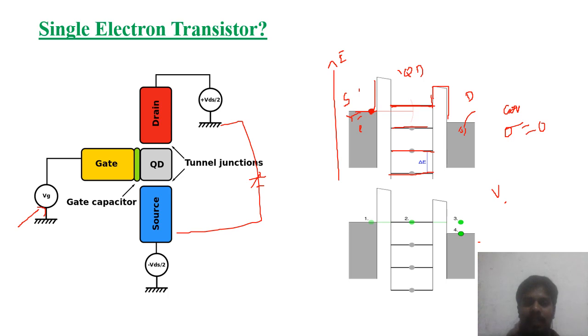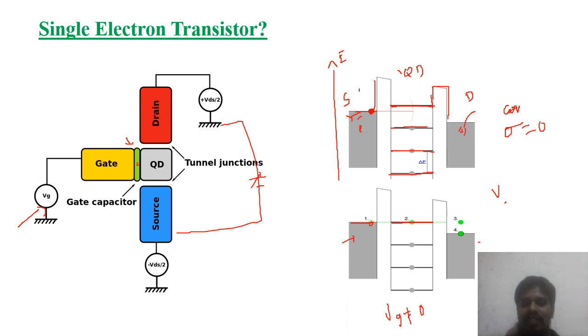What would happen? The capacitance will change between the gate and the quantum dot. So this capacitance will tune the energy level. Once the gate voltage Vg is non-zero, it will tune the energy level. That means it will bring down the energy level to the Fermi energy of the left-hand side source.